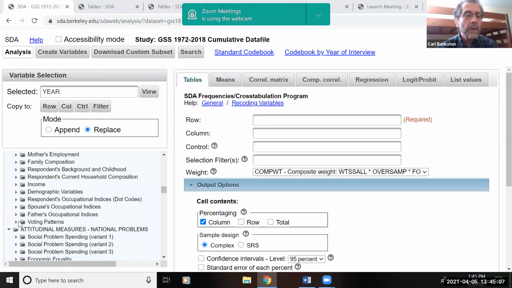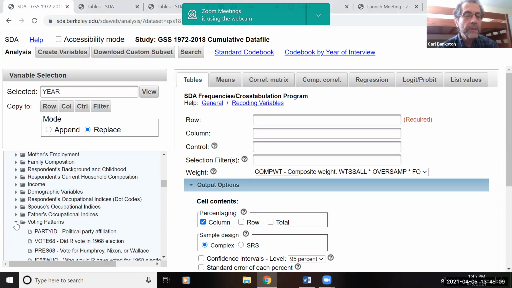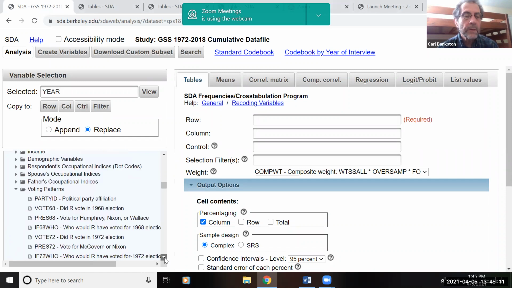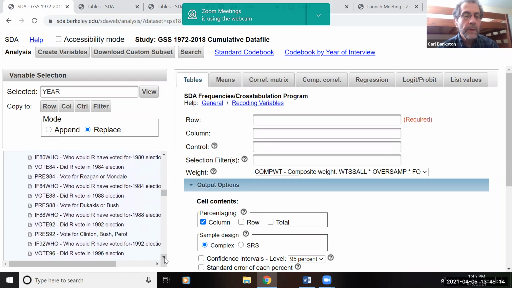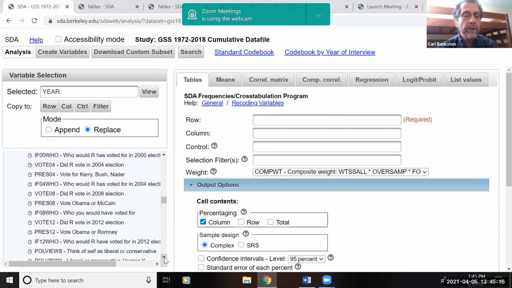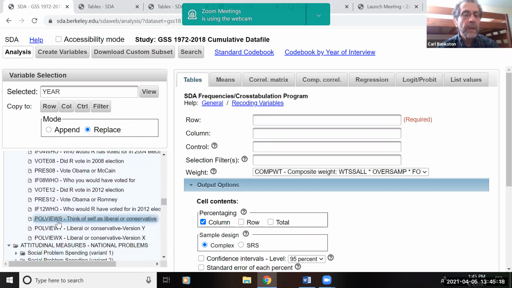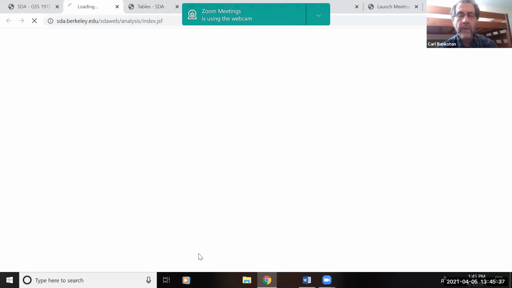Here, under voting patterns, and I'm going to go all the way down here and select this variable, polviews, which is the degree to which an individual thinks of herself or himself as liberal or conservative. Put that into the row. I can run that table.